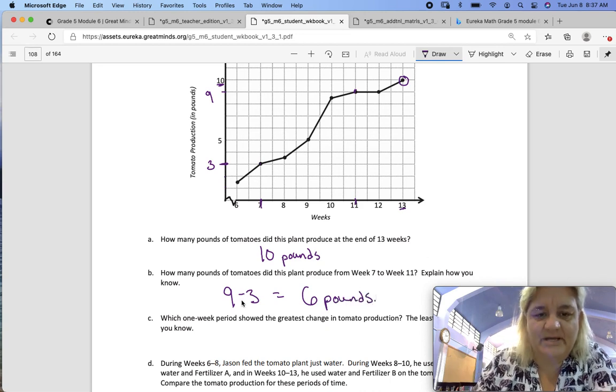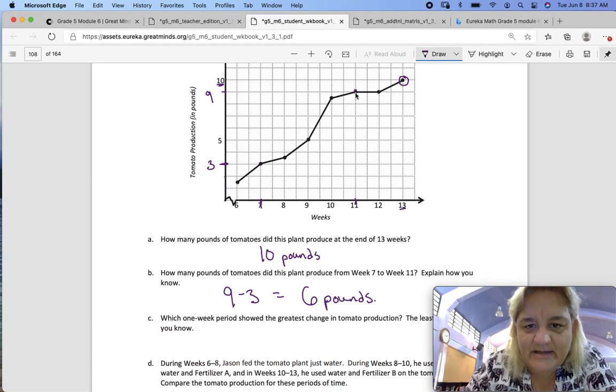Okay, explain how we know. Well, we subtracted from here to here. We could just count 1, 2, 3, 4, 5, 6 pounds. And I just go across like that. That'll show you.